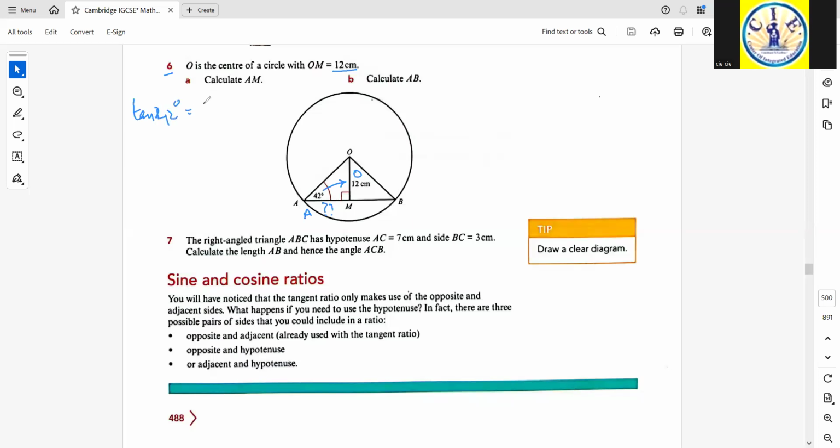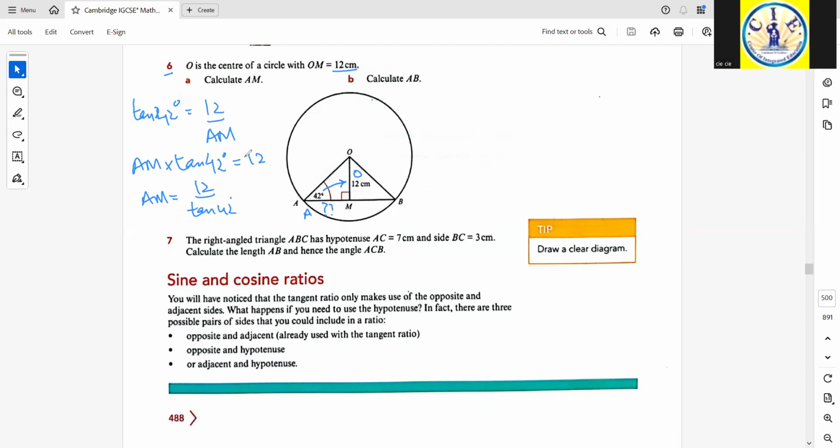That should be equal to the opposite side, that is 12, divided by the adjacent side, that is represented by AM. So we need to cross multiply: AM times tangent 42 equals 12. So the side AM is going to be 12 divided by tangent 42 degrees.